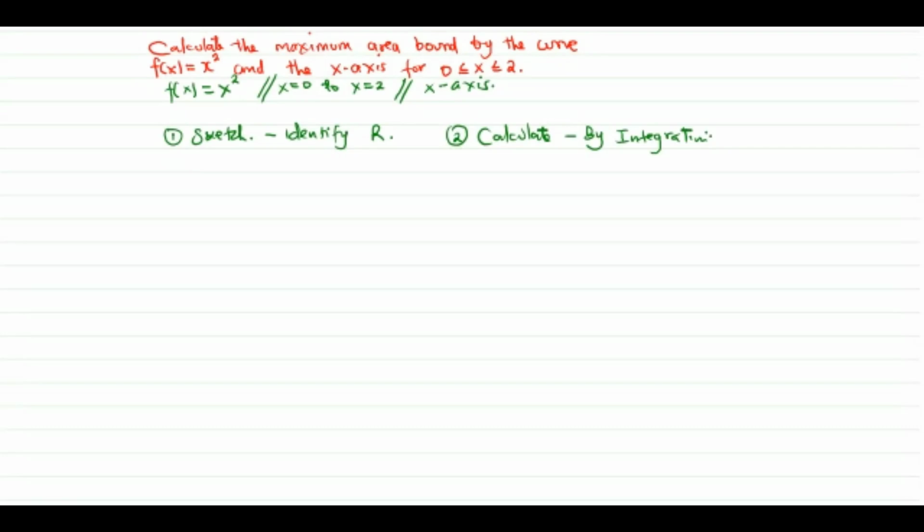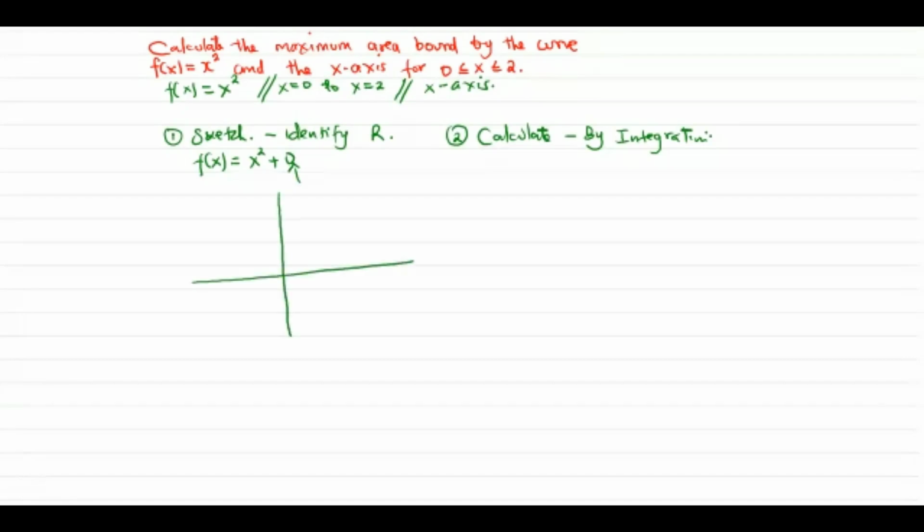The sign on x squared is positive, so we know that our curve is going to be U-shaped. But again, we know that f of x equals x squared is the same as f of x equals x squared plus 0. So we know that our y-intercept is at 0, or at y equals 0.